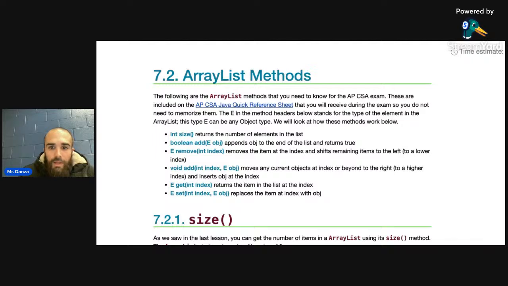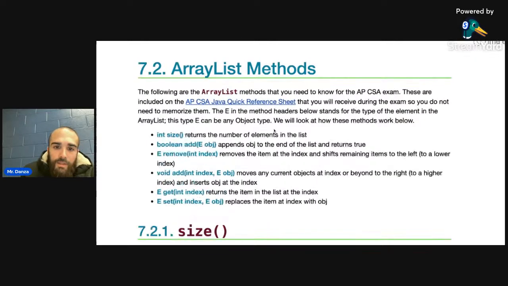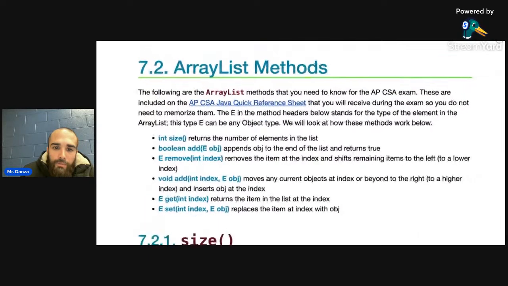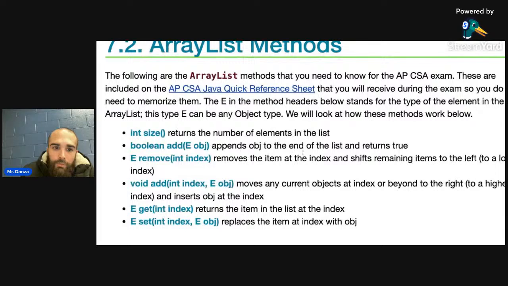It says we will look at how these methods work below. So we'll be talking about size, add. I guess I could have just read through these before we started and not scrolled down. But we'll learn how to return the number of elements in the list with the size method. We have how to append, or add on to, which we already learned.